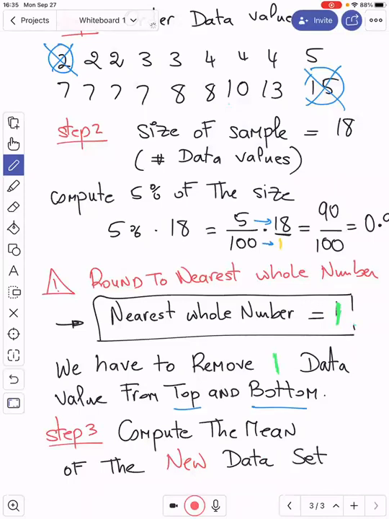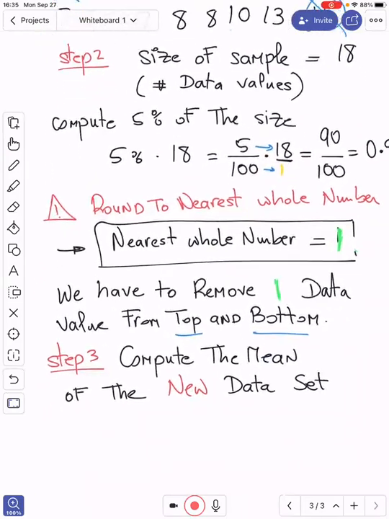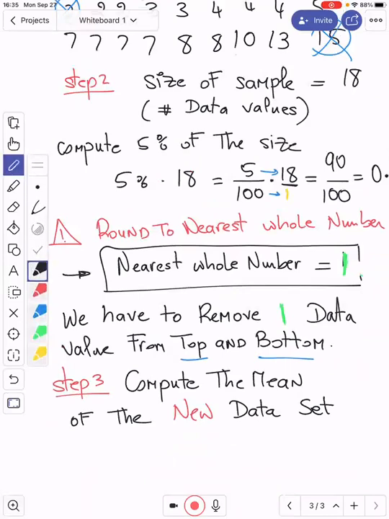Okay. Well, we know how to compute the mean. So the mean, the trimmed mean. First we need to compute the sum of the x's.